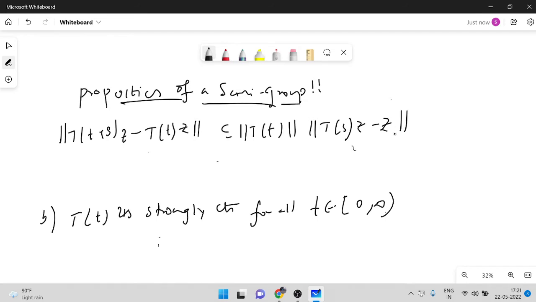So by the strong continuity property of the semigroup, this goes to 0, which implies this goes to 0.